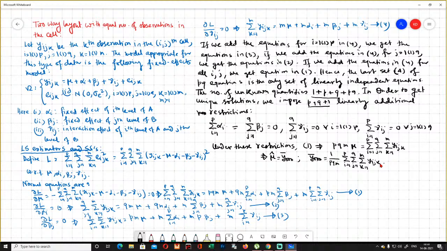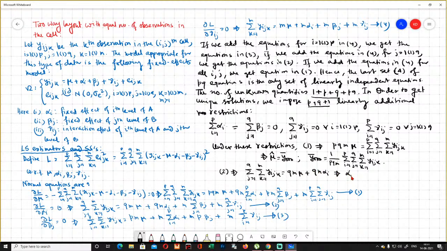Similarly, now equation 2 becomes summation j from 1 to q, k from 1 to m of yijk equal to qm mu plus qm alpha i.